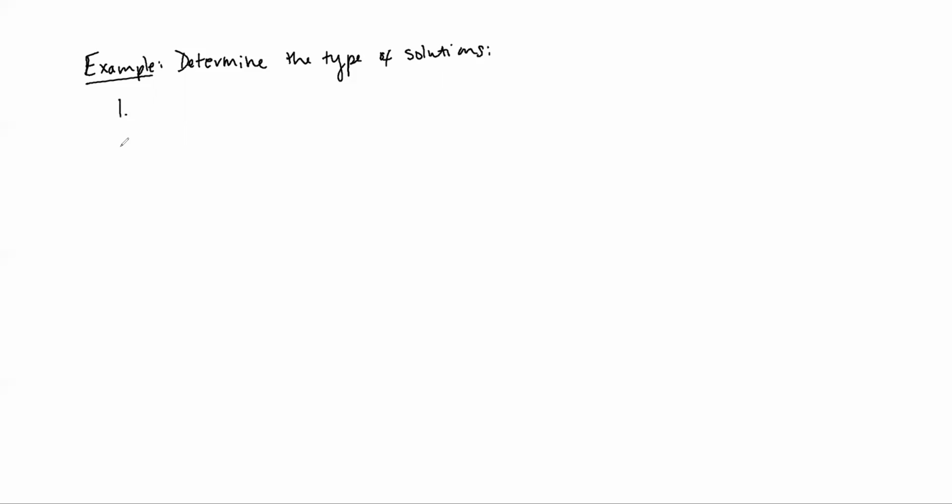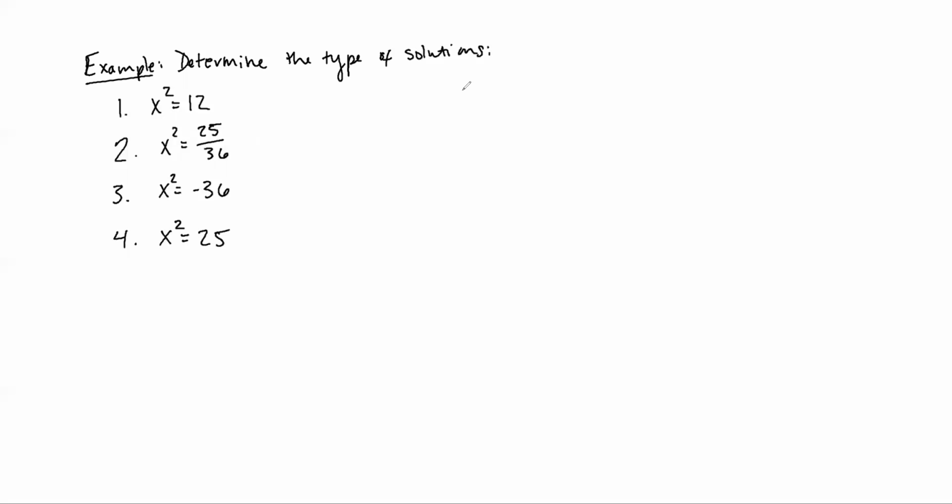So we're going to have 4 equations here. We have x squared equals 12. x squared equals 25 over 36. x squared equals negative 36. And x squared equals 25.